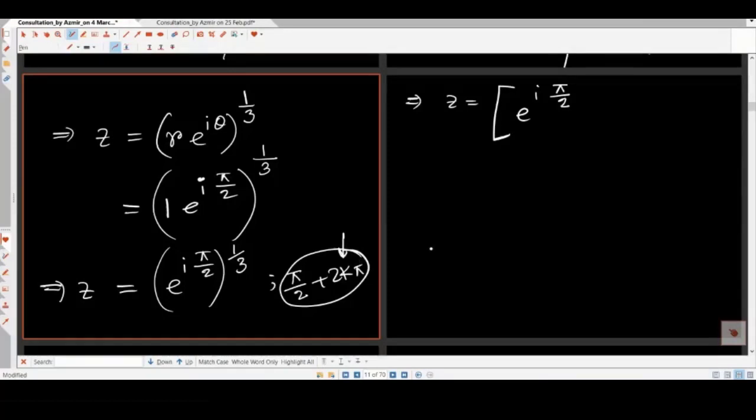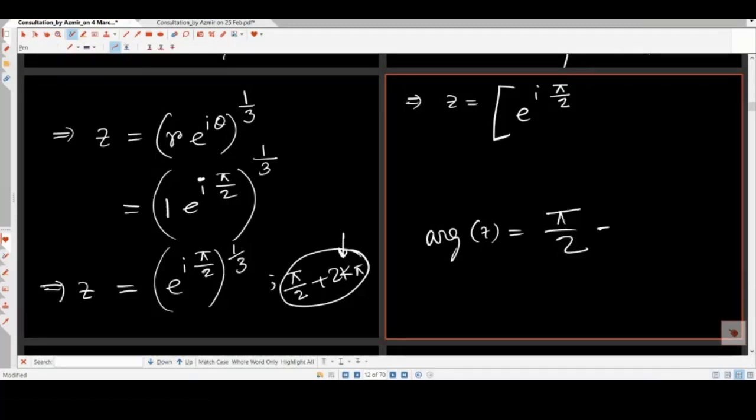But the point is, any argument of z can be the argument plus 2k pi. So where we have the argument, let's input that argument plus 2k pi. So here, if we do the same thing, then it will be e power i pi over 2 plus 2k pi. And besides this, we have power 1 over 3.